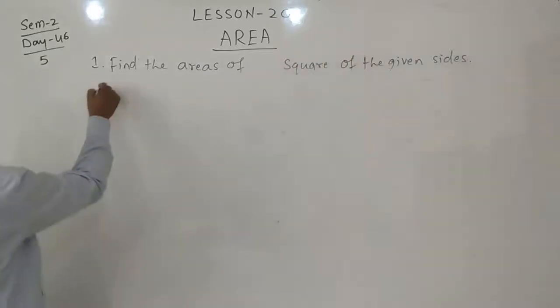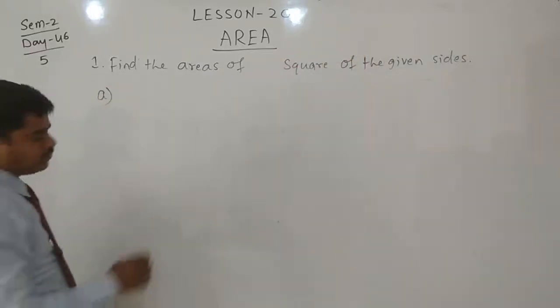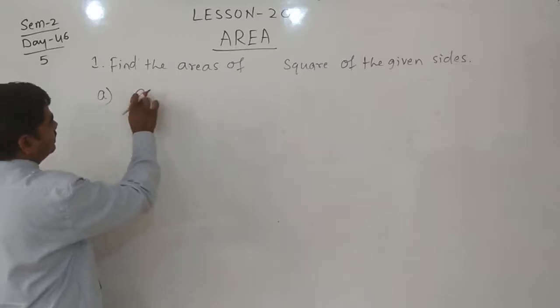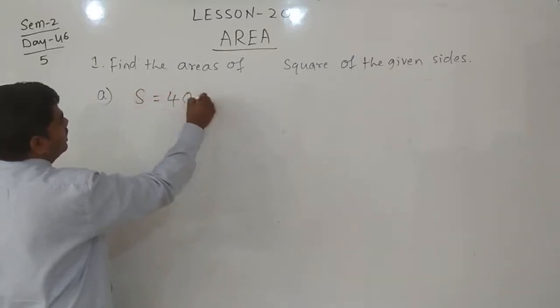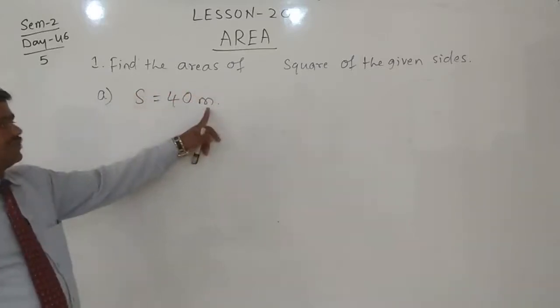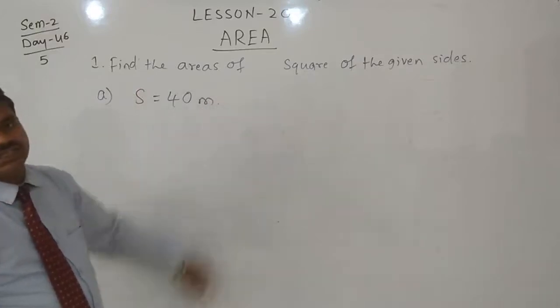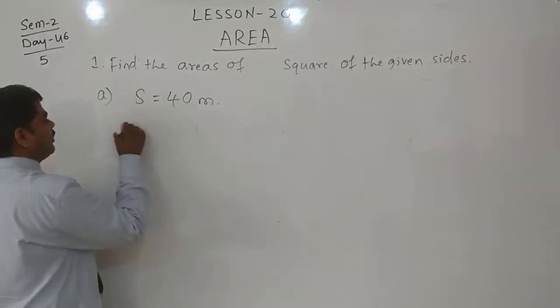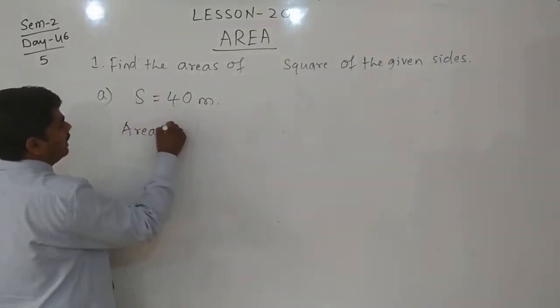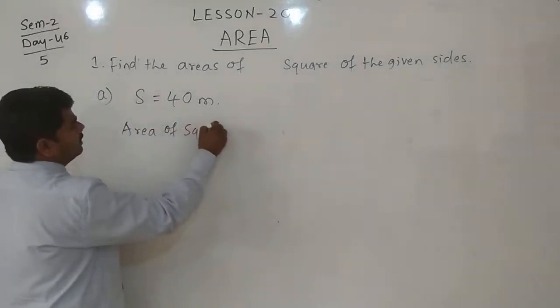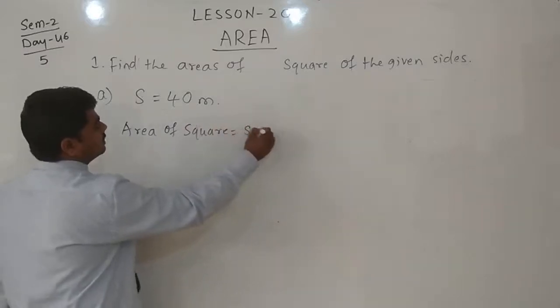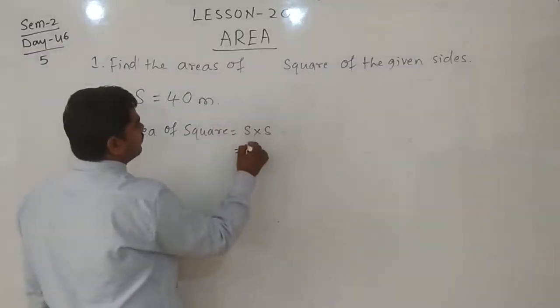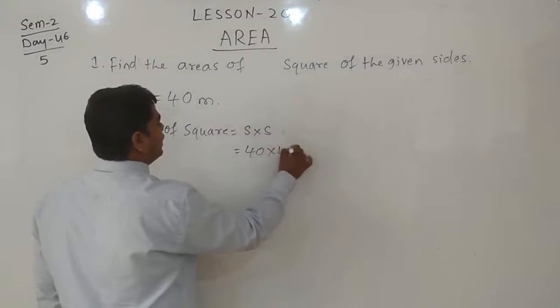Here side S is equal to 40 meter. Then the unit is meter square. Now the area of square is equal to, write the formula, S into S. That is 40 into 40.